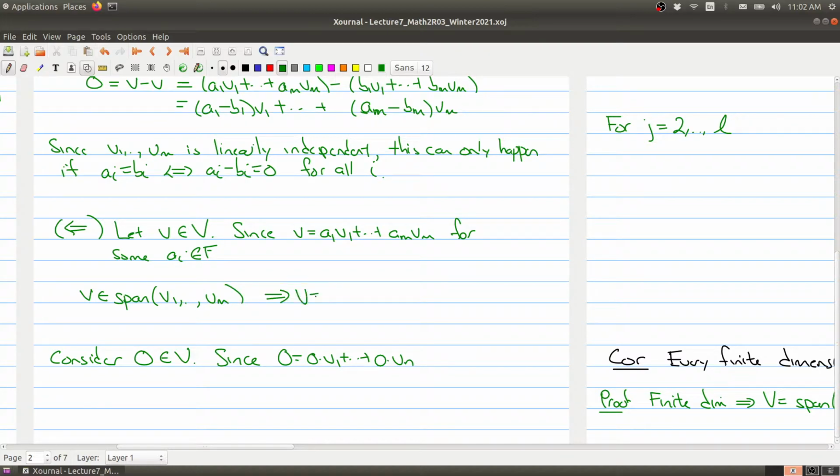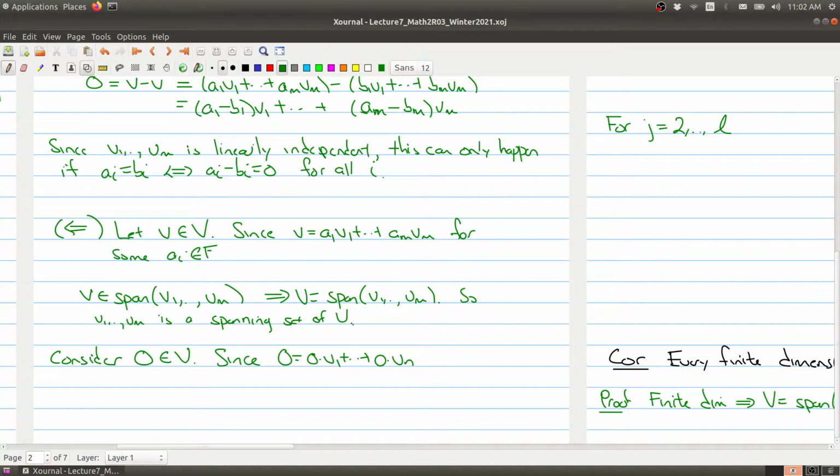So V1 through Vm is a spanning set of V.